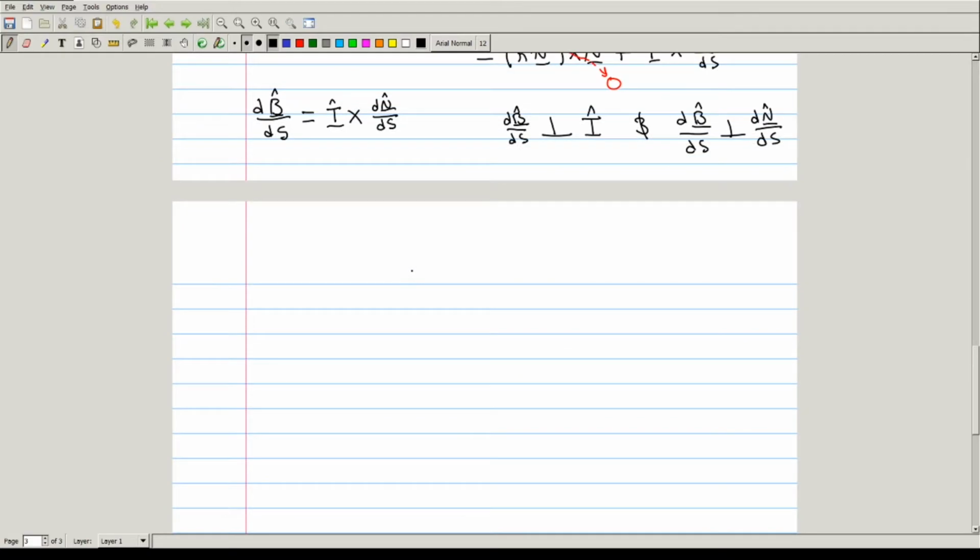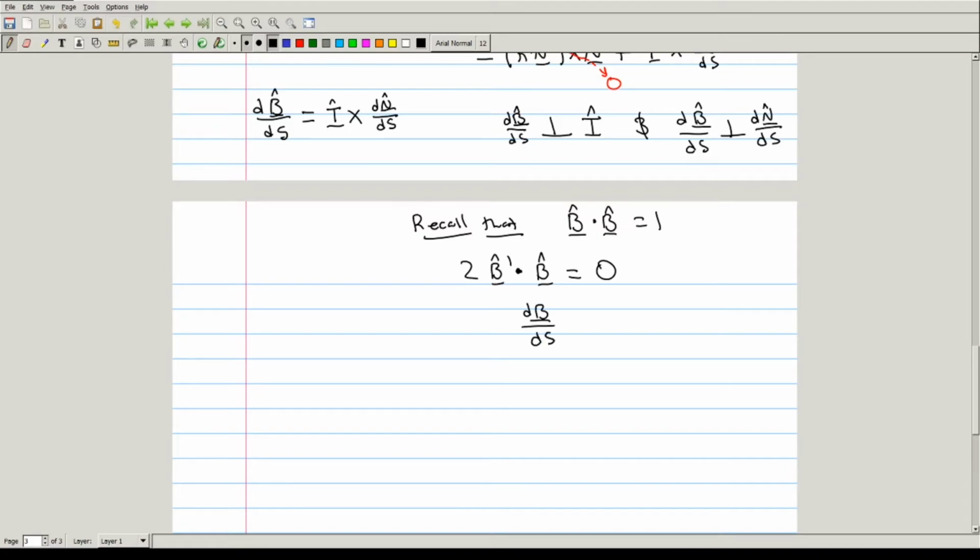So we'll use that result in a little bit, but using a similar logic to what we did for the normal vector last lecture, recall that the length of the binormal vector is equal to 1, because the dot product is equal to 1 with itself, because it's a unit vector. And if we take the derivative of this expression, we end up getting that 2 b hat prime dot b hat is equal to 0.